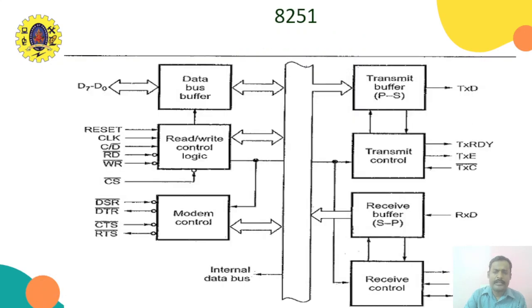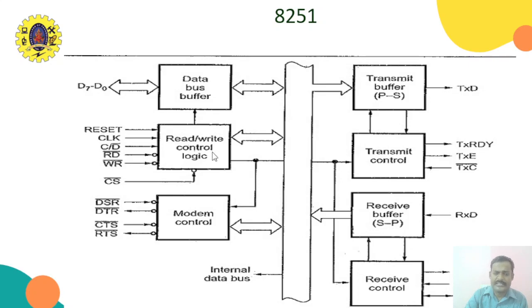Look at the block diagram for this. First, this is the data bus buffer. It integrates the internal data bus with the external microprocessor. This is the read write control logic, with the reset signal, clock signal, C bar D, read bar and write bar. These signals will be connected to this read write control logic.